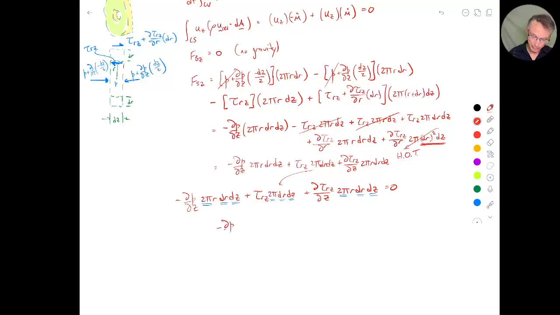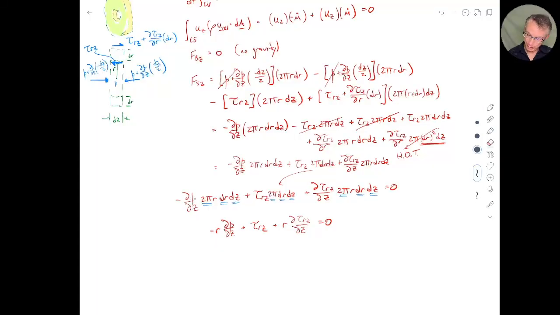Minus dp dz times r. And then we'll have tau rz plus r times d tau rz dr is equal to 0. I made another mistake now that I look at it.